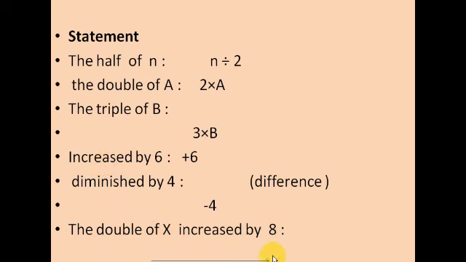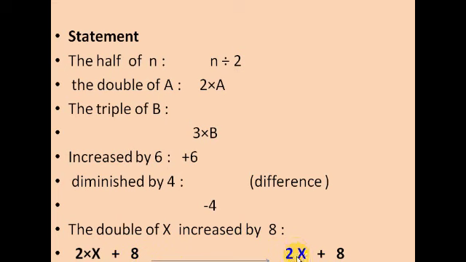So what will be the answer? The double of x increased by 8. We can write it like this: 2x plus 8, without putting the multiplication operation between them. Between the letter and the number we don't need to put anything.